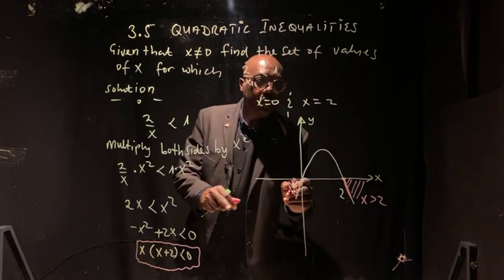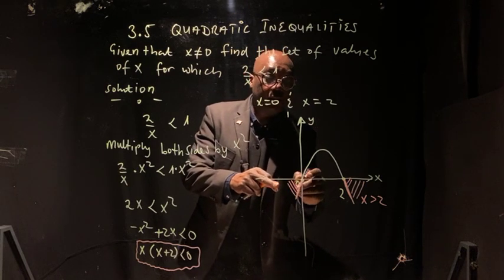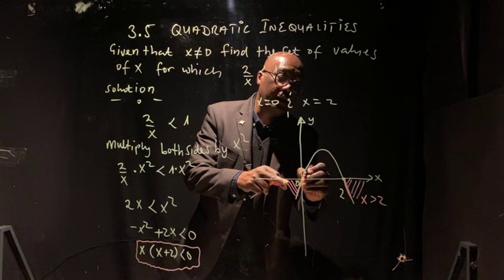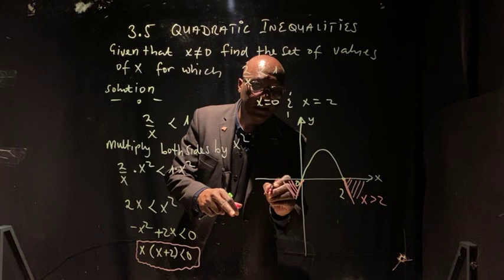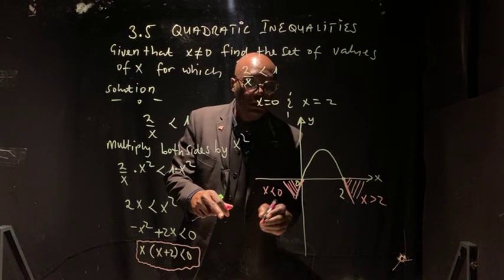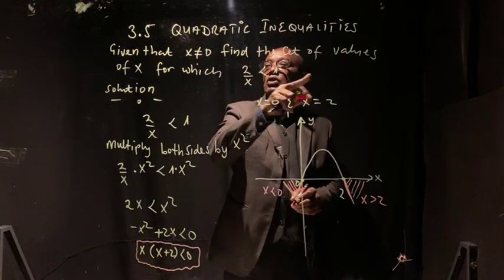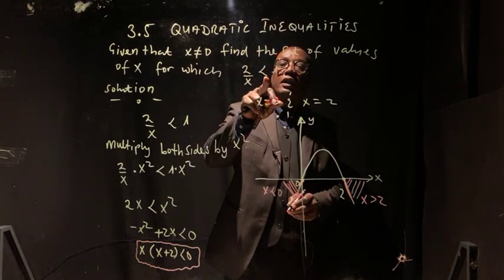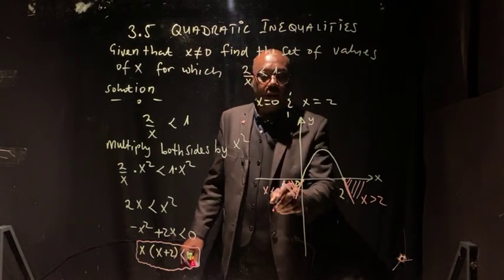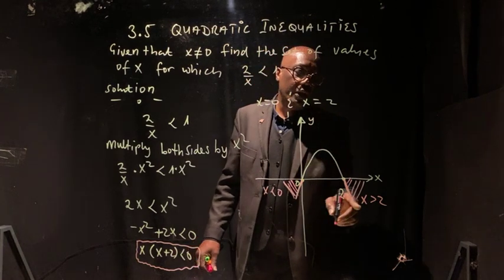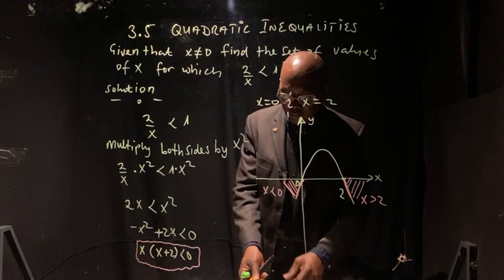Now, if you come to this side, the region where the curve is below the x-axis is where x is less than 0. So the set of values of x for which 2 over x is less than 1 are x less than 0 and x greater than 2.